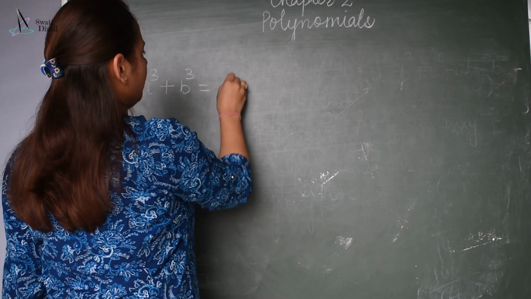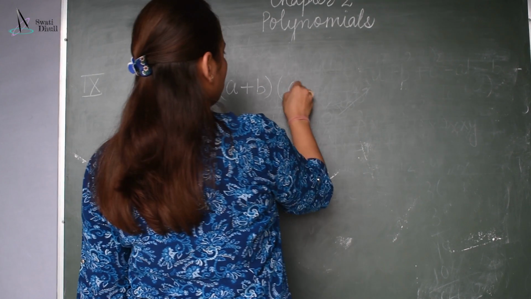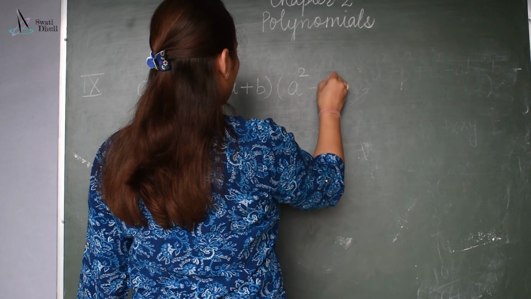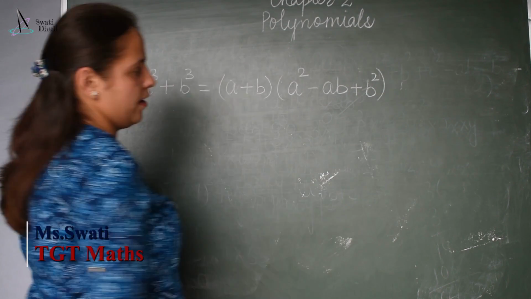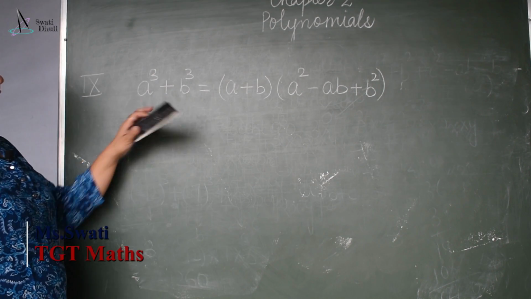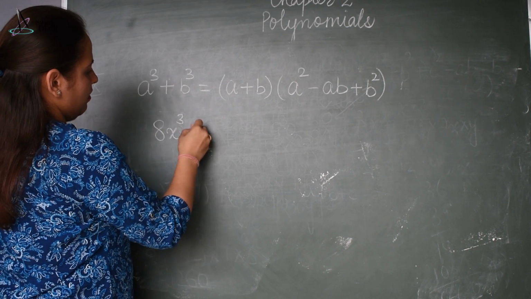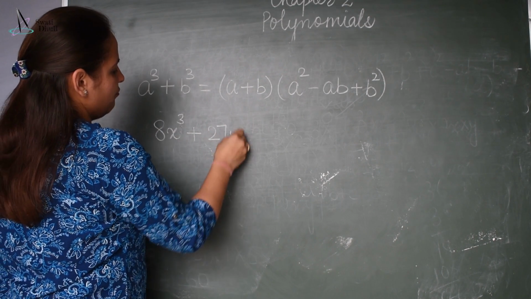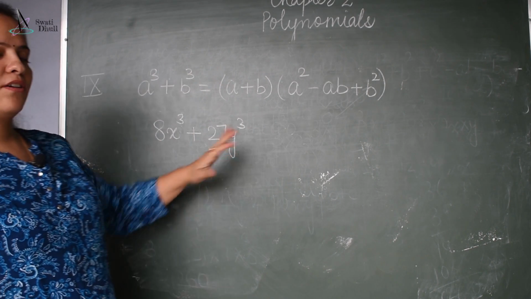So what it will become is a plus b into a square minus ab plus b square. So if you are given, let's say 8x cube plus 27y cube, now you need to expand it or factorize it.